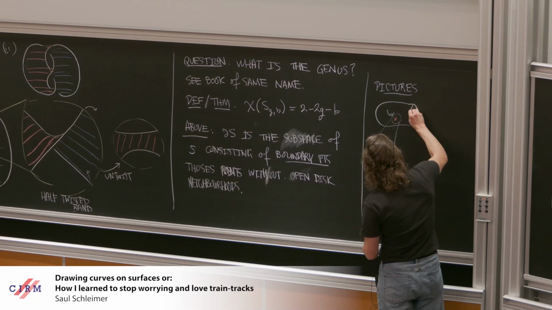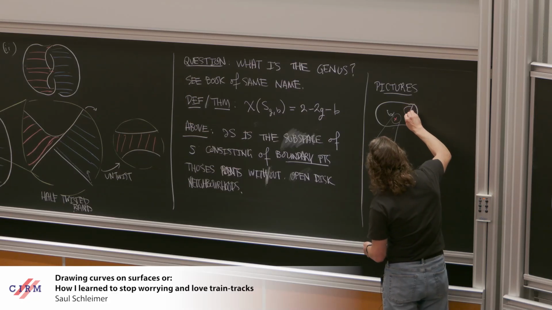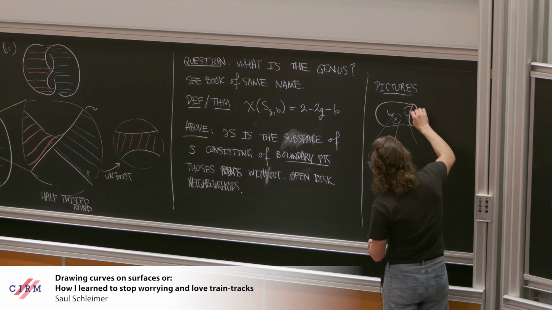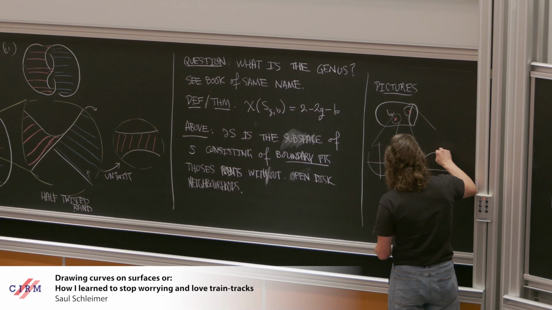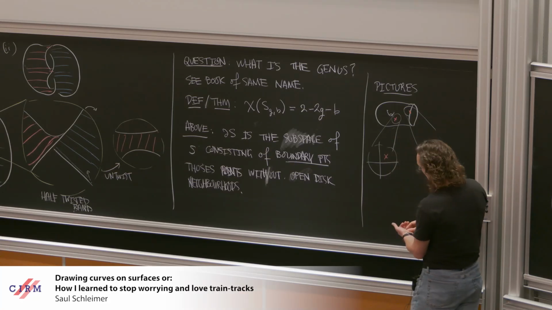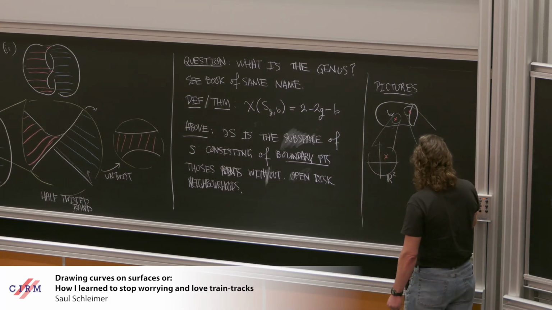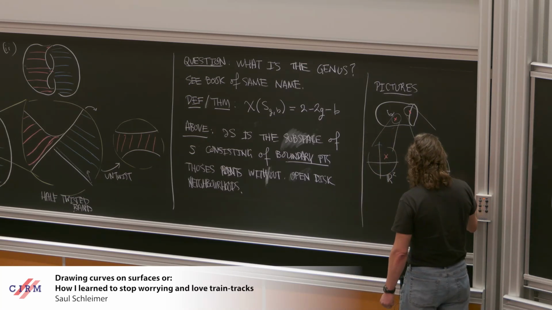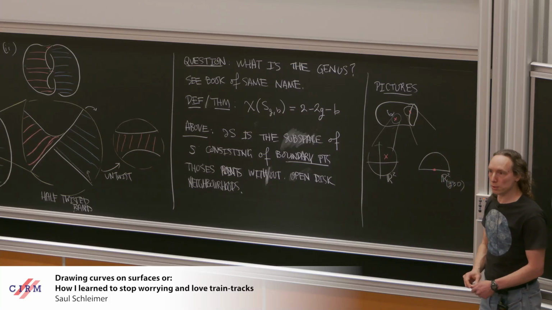Whereas here, I have my point, which is now a dot instead of an X, and instead of having an open disk neighborhood, it has a half open disk neighborhood, like so. This is a bit of R^2, and this is a bit of R^2 with the last coordinate y greater than or equal to 0. Does that answer your question?